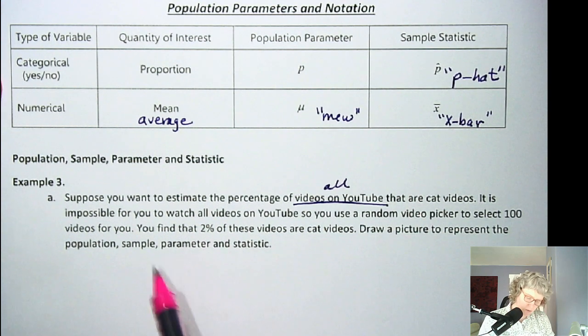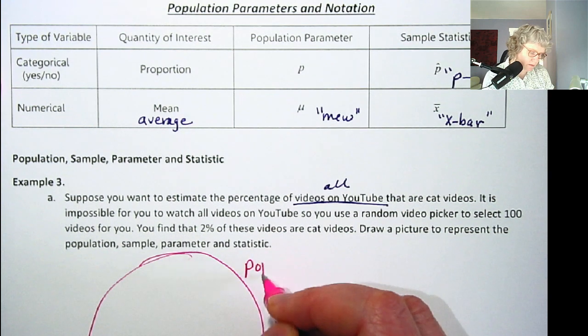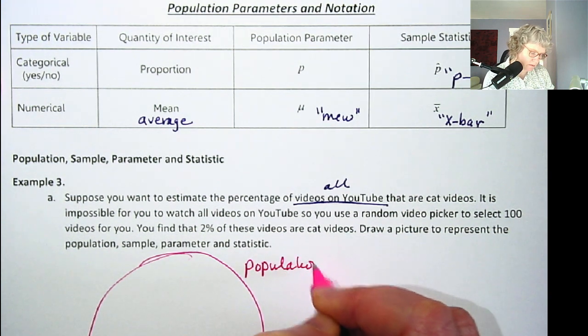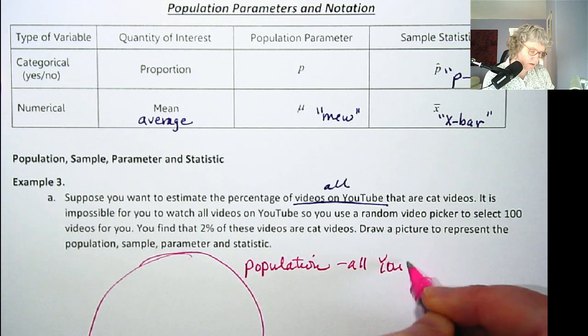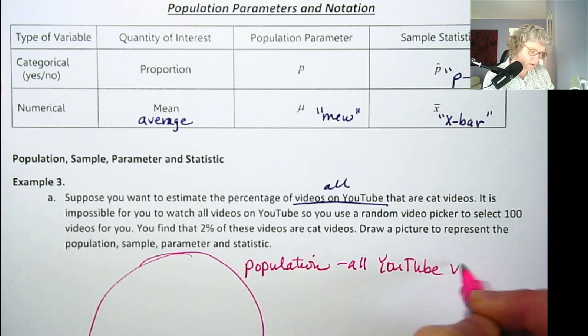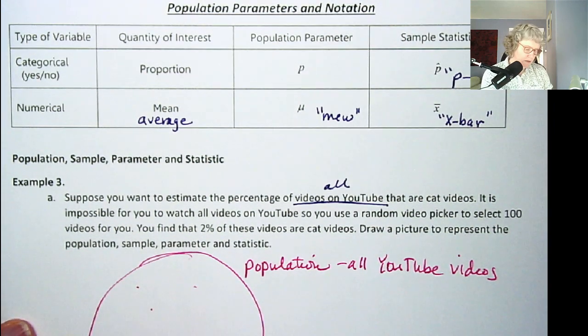So I'm going to draw a big circle for our population. All YouTube videos. Okay, and we can even draw some dots in there. Okay, those are all of our videos.